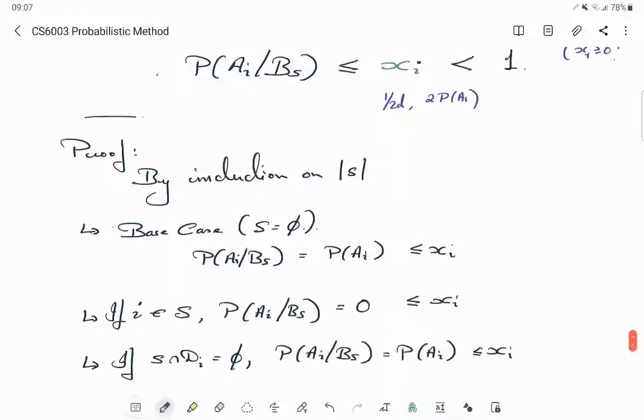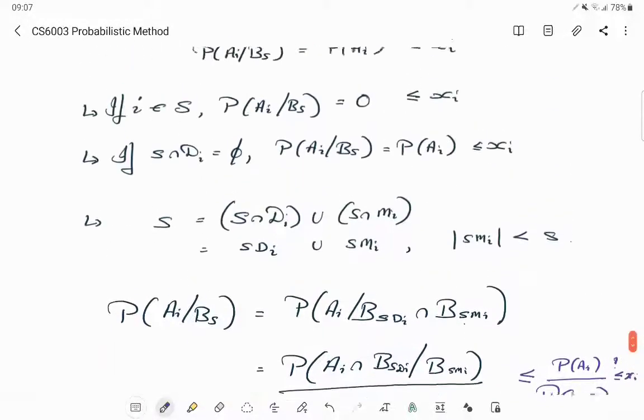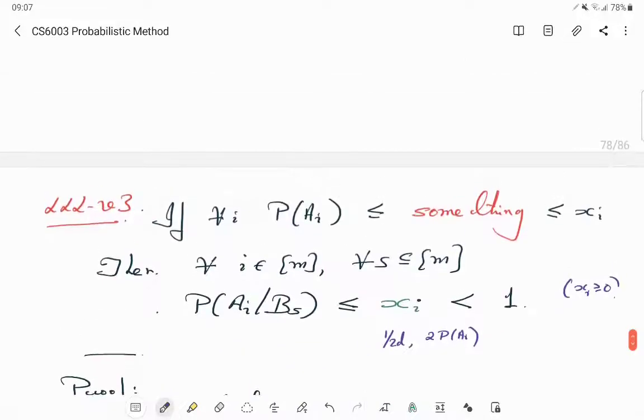We did not say what that something is so far because we thought we will reach here and then. Okay, so what we want is for this to be less than xi, and hence I now know what bound on p of ai I should give. I should upper bound p of ai by xi times this guy, right? So the something is xi times the product over j in Di of 1 minus xj.